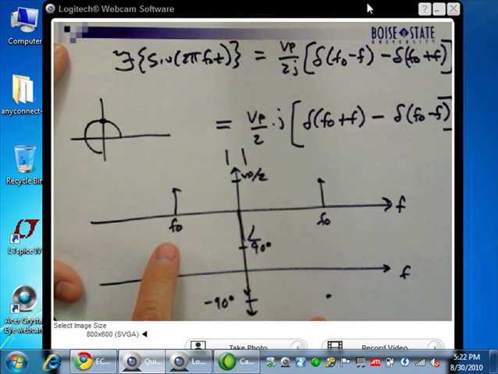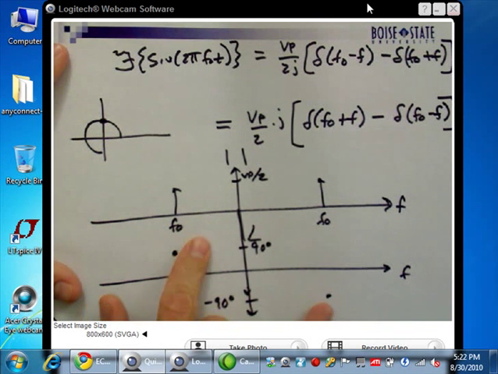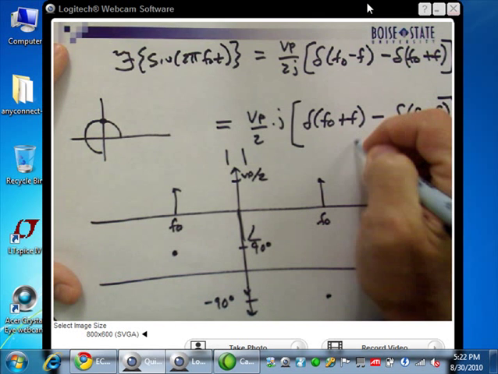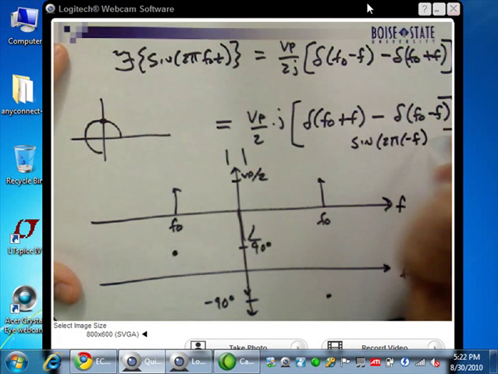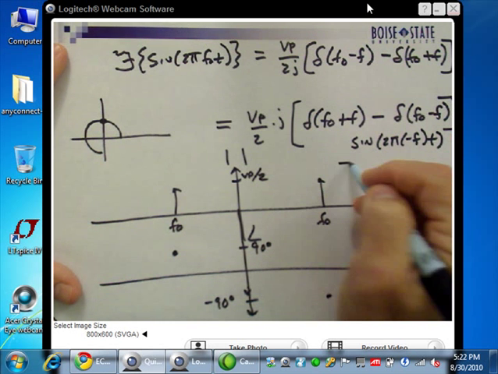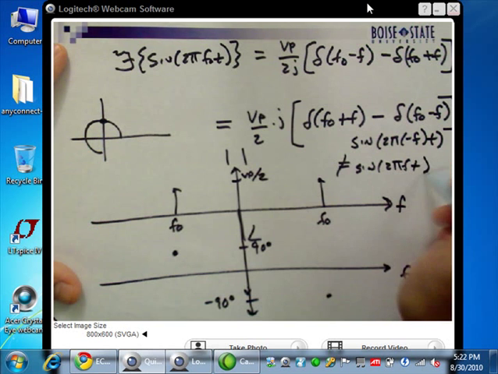Can I do the same thing for my phases? No. Okay, I can't draw the one-sided spectrum for the phases. Now, if I understand that, that means that sine of 2 pi minus ft is not equal to sine of 2 pi ft, because it's not an even function.